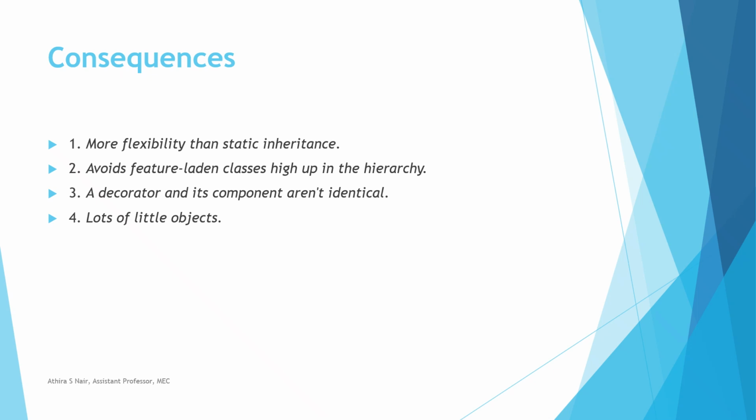But from an object identity point of view, a decorated component is not identical to the component itself, so we should not rely on object identity when you use decorators. And a design that uses decorator often results in systems composed of lots of little objects that look alike. The objects differ only in the way they are interconnected, but not in their class or in the value of the variables.